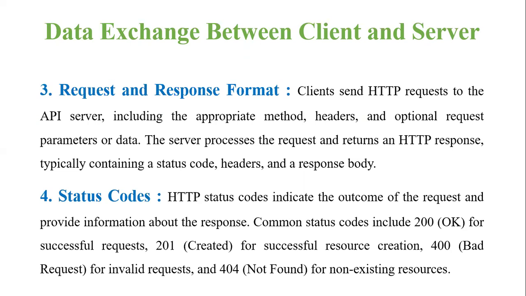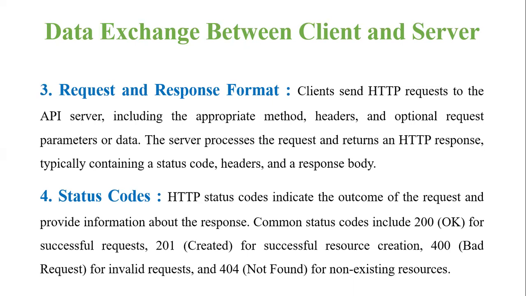And next one is status code. HTTP status codes indicate the outcome of the request and provide information about the response. Common status codes include 200, which represents OK, which means executed successfully. Already in the last video, I told you that the status code will be in the form of a 3-digit code. That 3-digit code for successfully executed is 200.